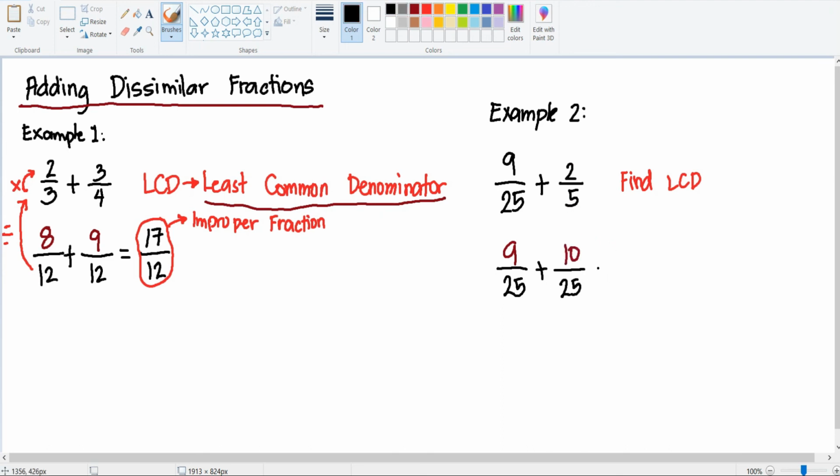So we already have similar fractions. Same thing that we will do with adding similar fractions. Copy first the denominator so that you will not forget it, and then add the numerators. So 9 plus 10, that is 19. So our final answer will be 19 over 25.